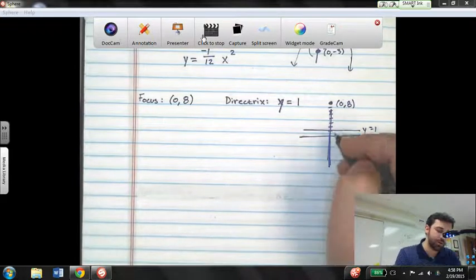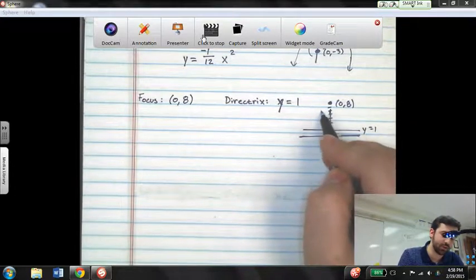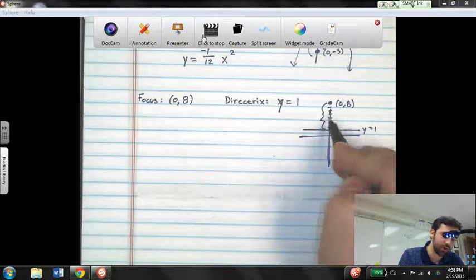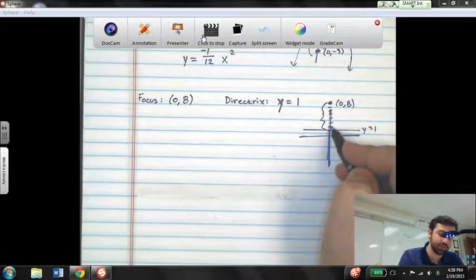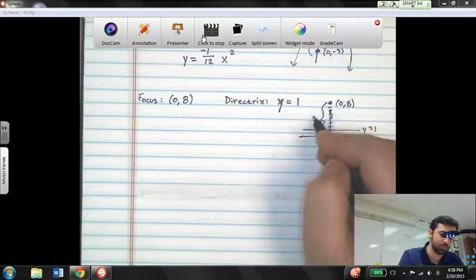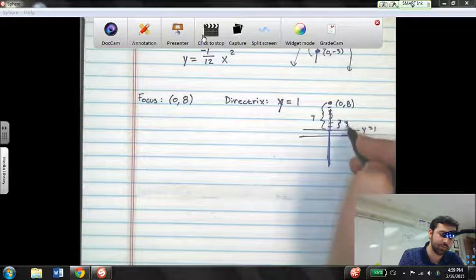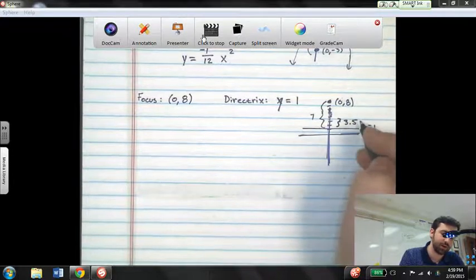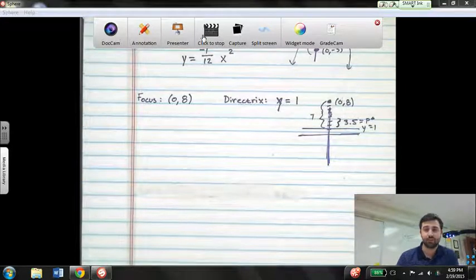In order to do this, we're going to once again find the total distance. My total distance from 1 to 8 is 7. Half that distance would be 3.5. So I know that my p-value is 3.5.